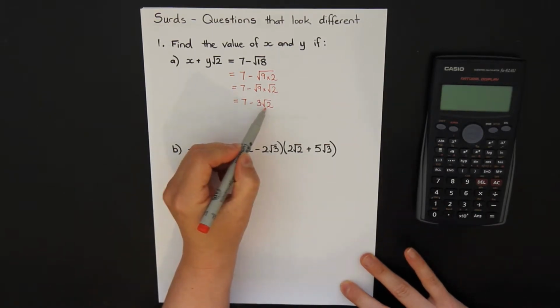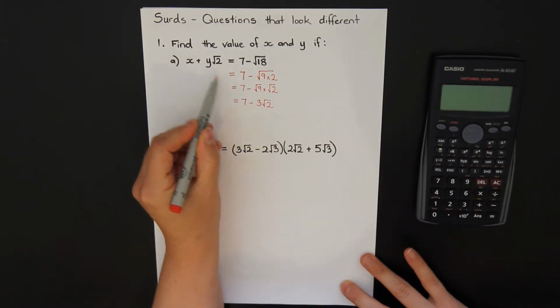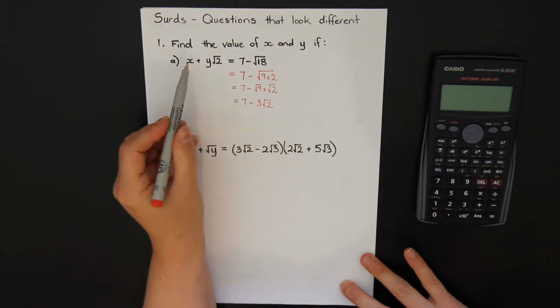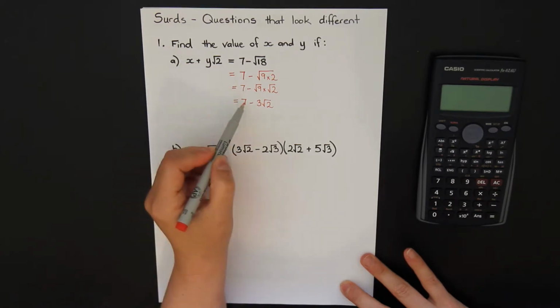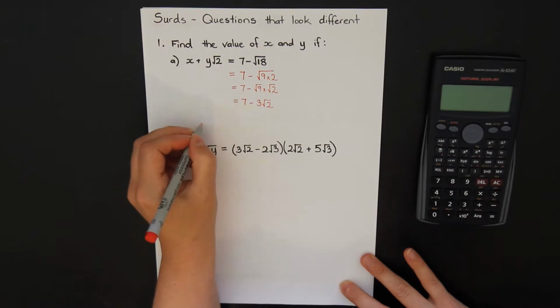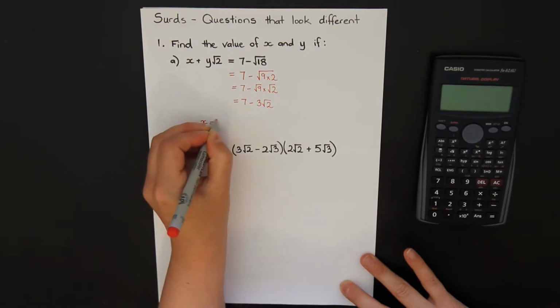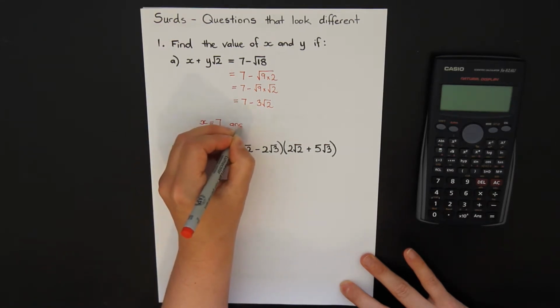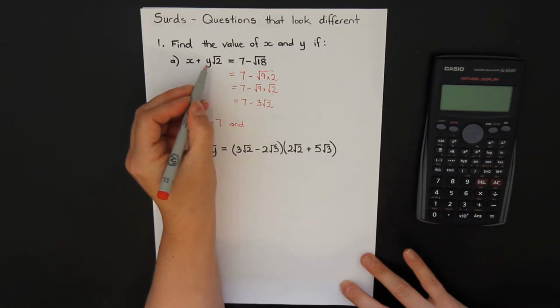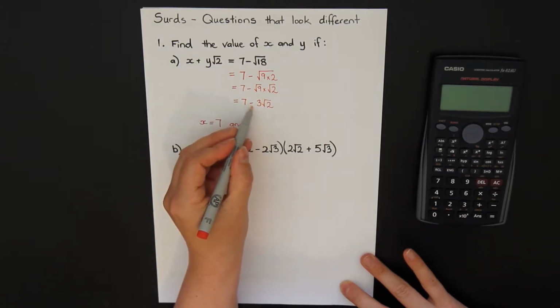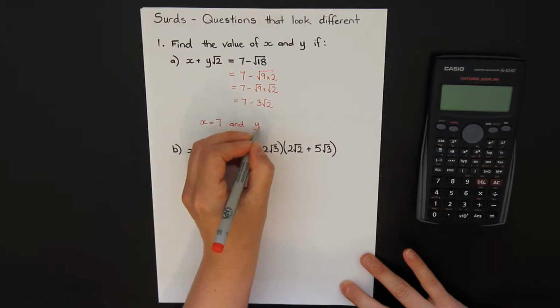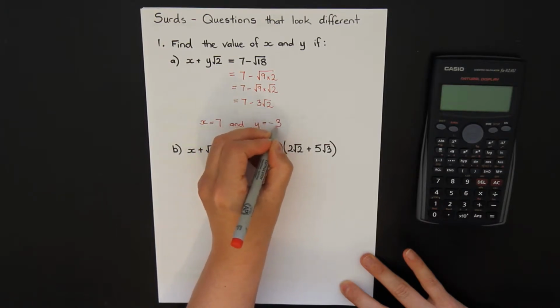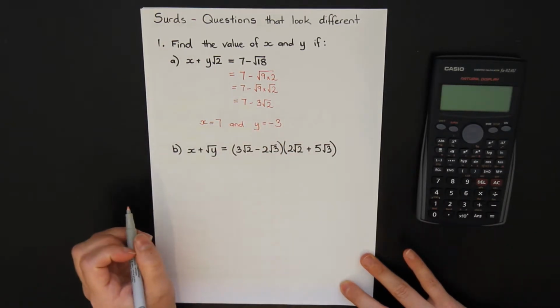Now, this is square root of 2 and this is square root of 2, so I've got it in the right form. So now, the x is in the position of the 7, so x is equal to 7, and the y is in the position of the minus 3, so y is equal to minus 3. So I found the value of x and y.